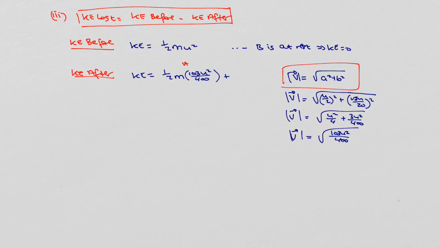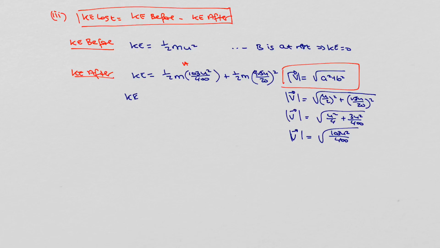Then for sphere B, it does have velocity afterwards, and that was q, because in the i direction it's 0. So it's 9 root 3 u over 20, and then I have to square that.